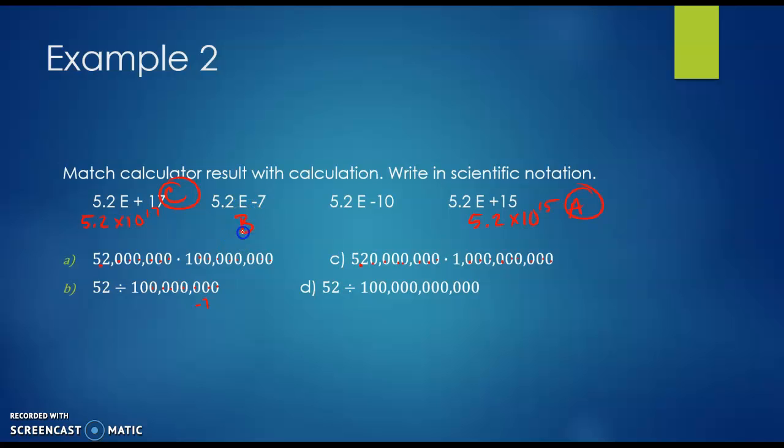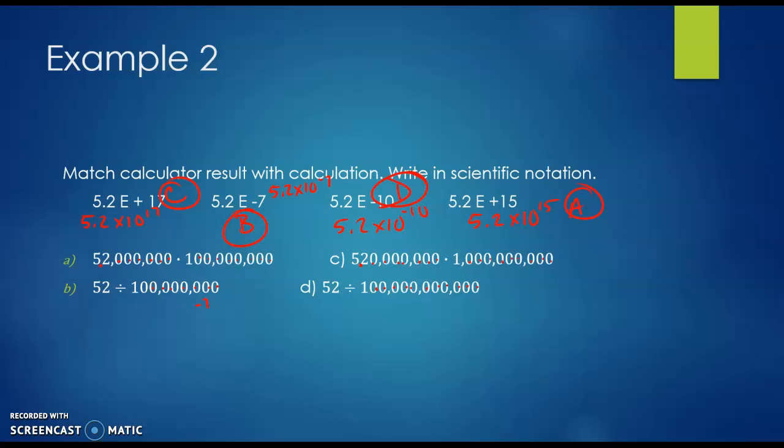And so our answer is B, because this would be 5.2 times 10 to the negative 7th. This one is 5.2 times 10 to the negative 10th, which is going to be D, because 1, 2, 3, 4, 5, 6, 7, 8, 9, 10, 11 minus the 1, we get 11.